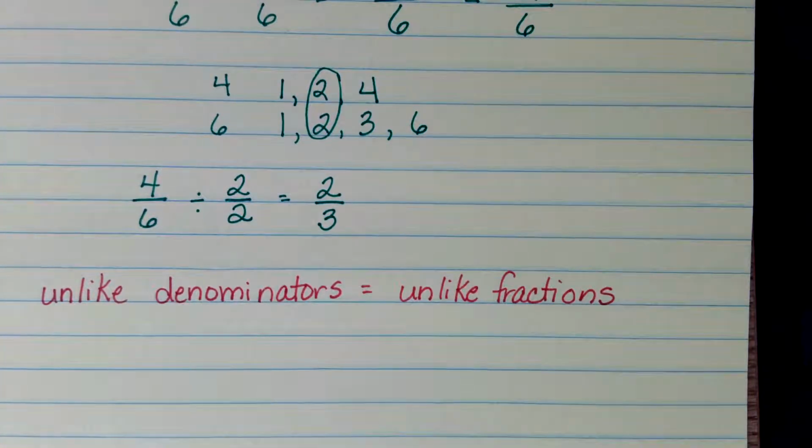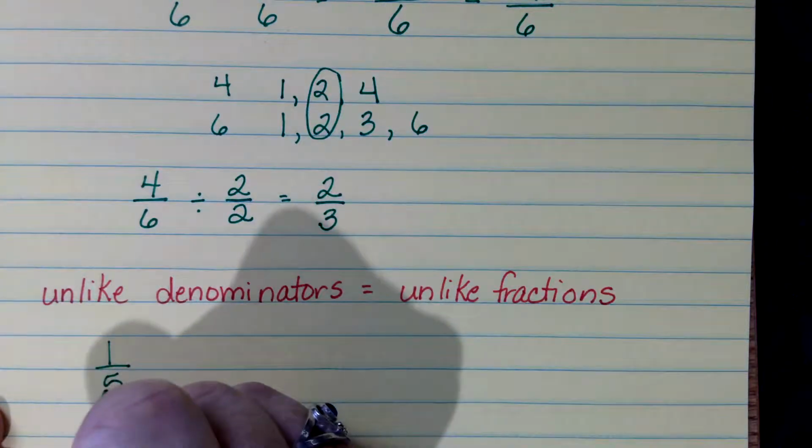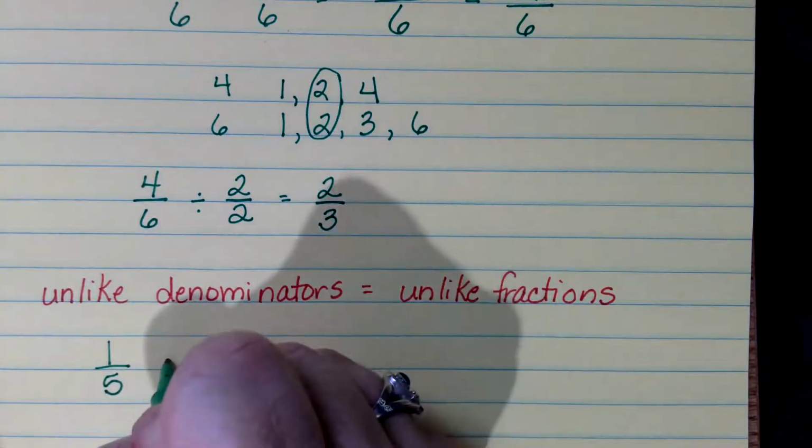That's what it's like with fractions. We can't subtract 1/4 from 1/8 or 1/8 from 1/4, but if we had all fourths or all eighths, our job would be easier. So let's try a couple of examples of what that might look like. Let's say we have 1/5 plus 1/2.